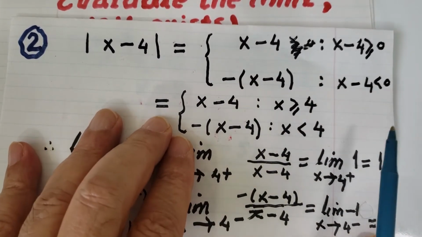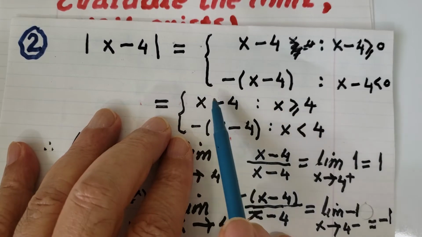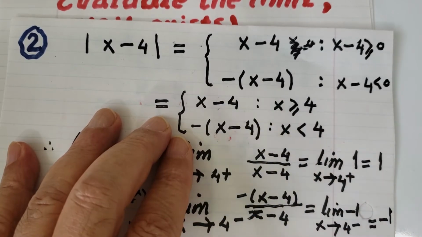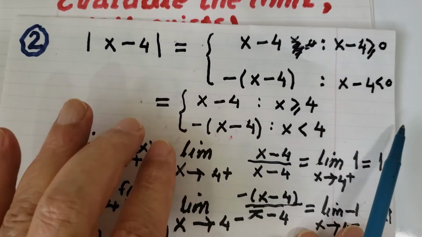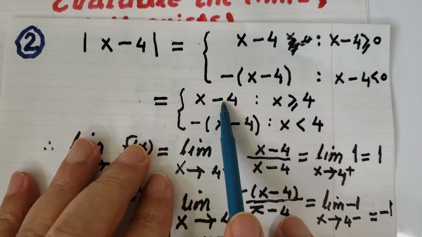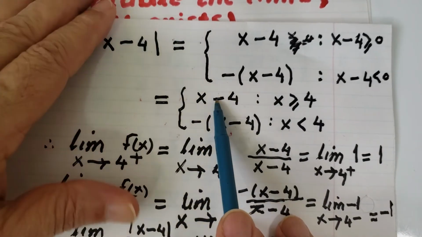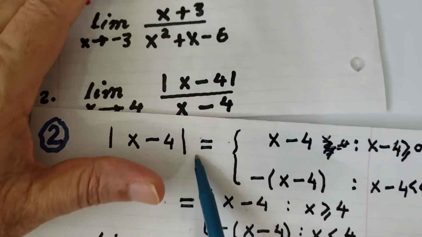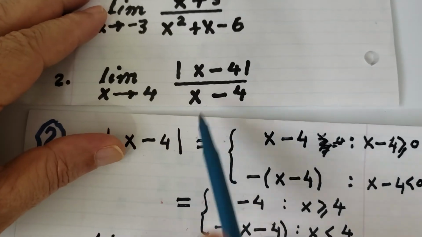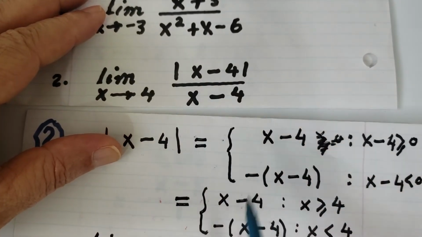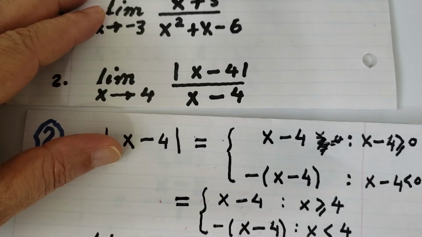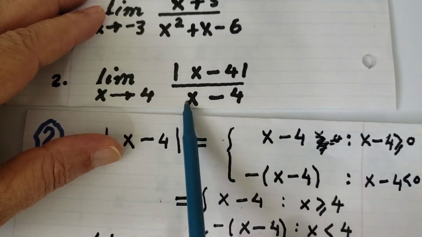Now we start to find the limit by dealing with each equation. The first equation, we put x minus 4 instead of the absolute value, and the bottom is still the same.